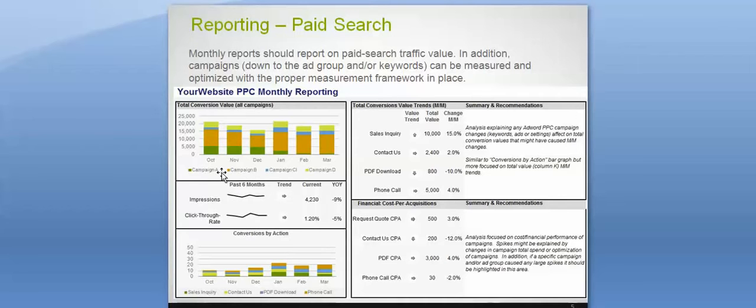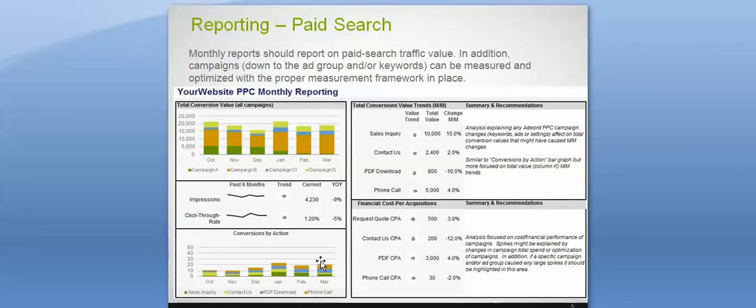So if you have multiple campaigns in your pay-per-click account, in your AdWords account, this will show which ones are contributing the most value. And again, this might not be a dollar amount because it's also an accumulation of the PDF downloads, phone calls. So in this example, this bar graph is very closely tied to the total value here, except it breaks it down by campaign.